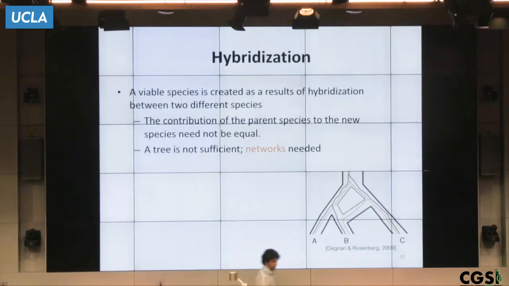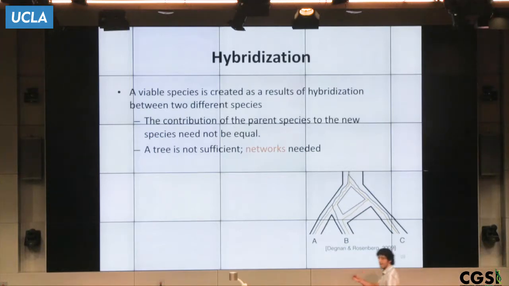Obviously, when you have hybridization, some of your genes, like the yellow one, are going to have different gene trees, right? Some of them are going to follow that path, others are going to follow this path, so you get differences between gene trees.